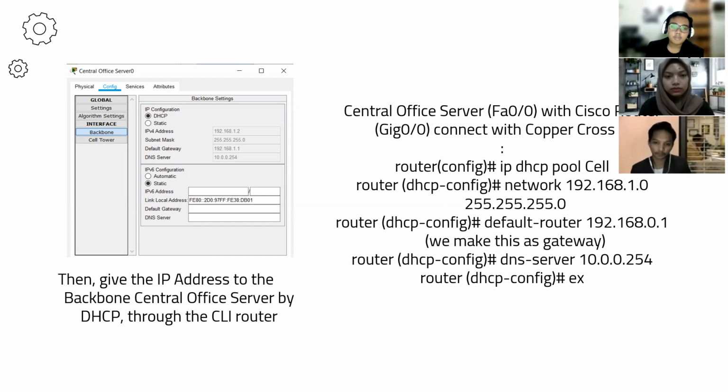And click enter for the router dhcp config default router 192.168.0.1, and this is for the gateway. And enter again for the router dhcp config DNS server is 10.0.0.254, and we enter and type exit for the central office center.